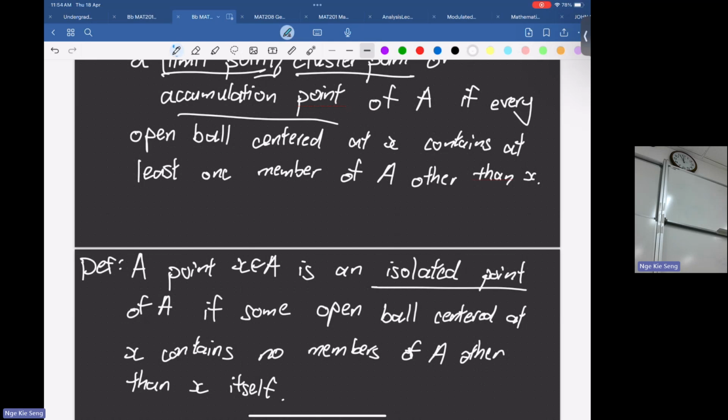What's the question here? Your question is, does this convergence resemble sequential convergence?